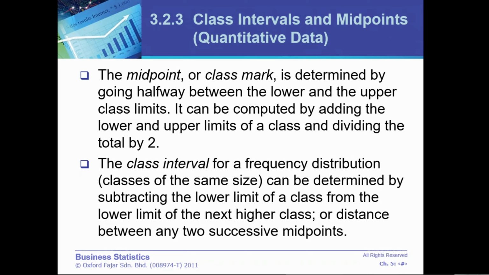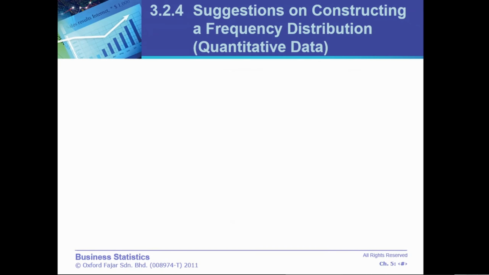If you remember in our example yesterday, our classes were different. The intervals or the spaces between the lower and upper limit of each class were not similar. So here it depends. Some data we divide into similar classes. Some data has, let's say, a medical background or a research background. So the intervals or the differences between the upper and lower limit of each class are not always similar. So different types of data, we can deal with in different ways.